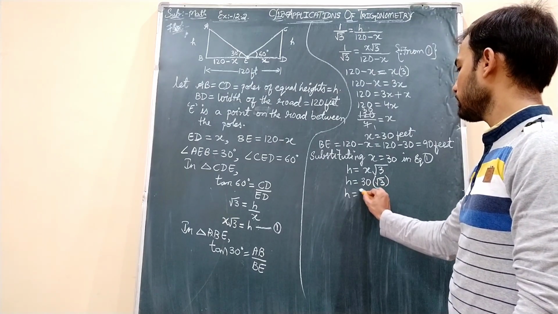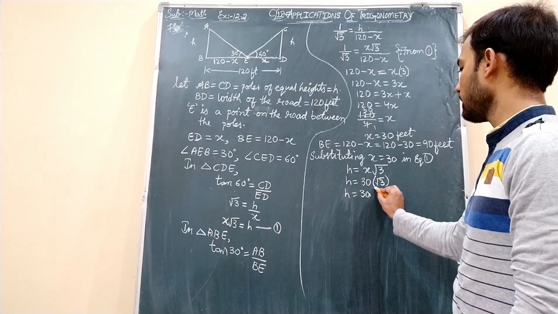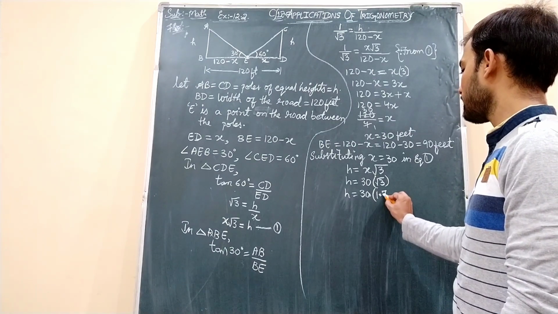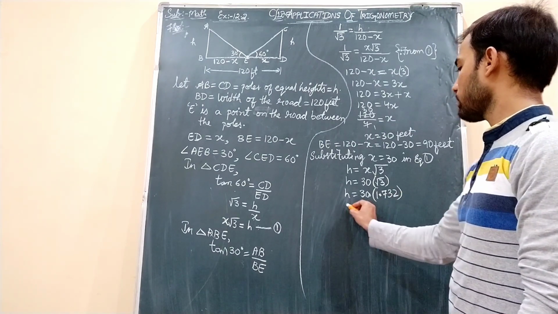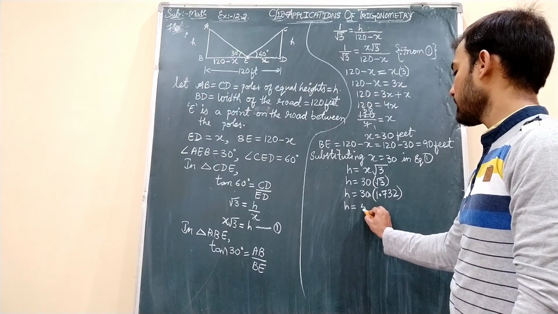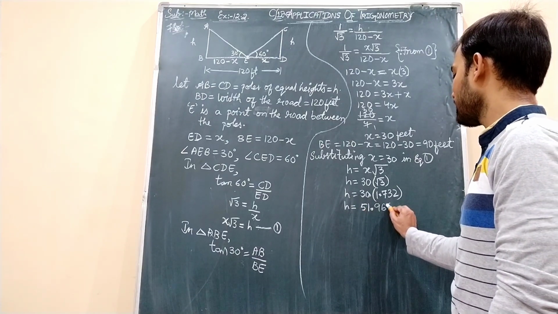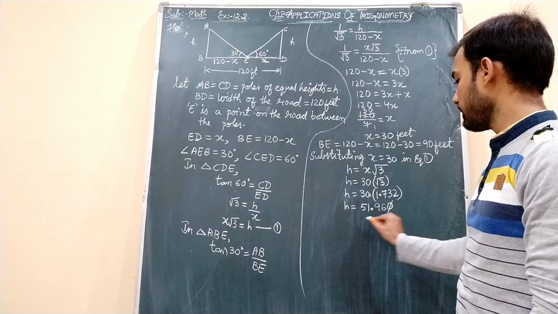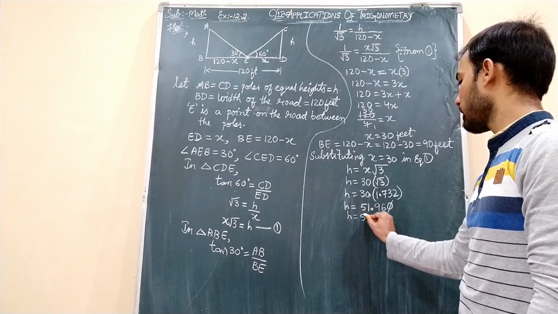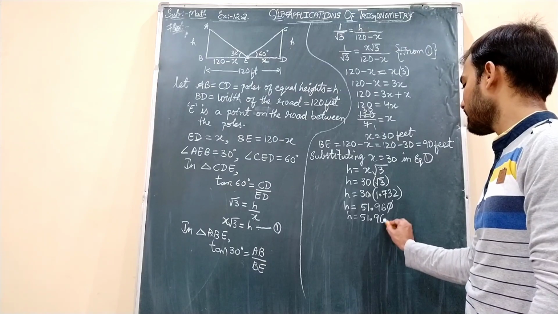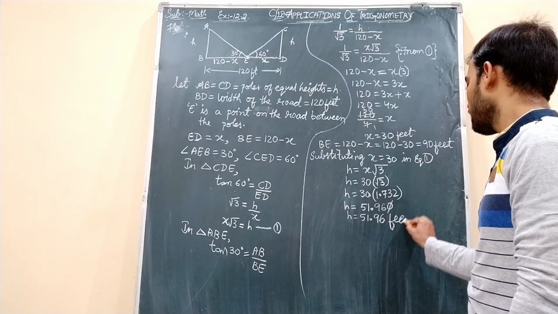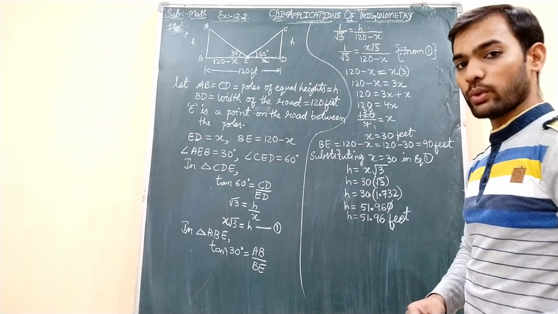So h equals 30 into, in place of root 3, I'll write 1.732. So when you multiply them, you'll get 51.960 students. So the 0 will be ignored. h equals 51.96 feet is the height of the poles.